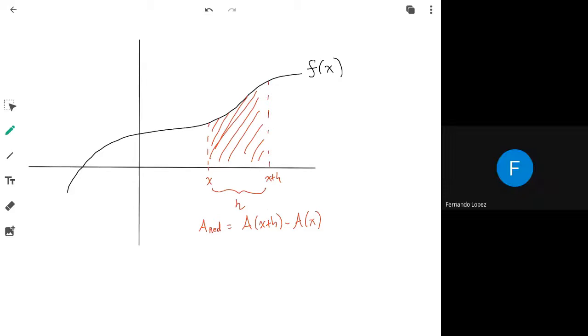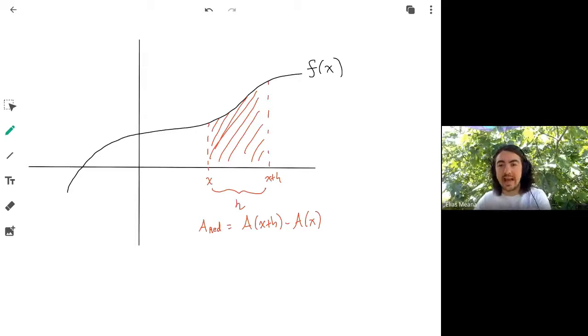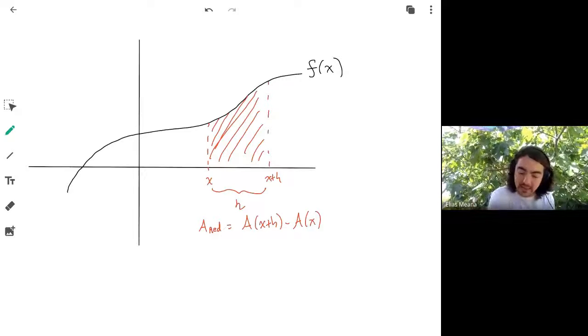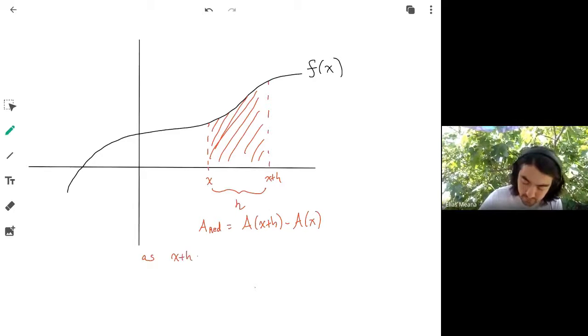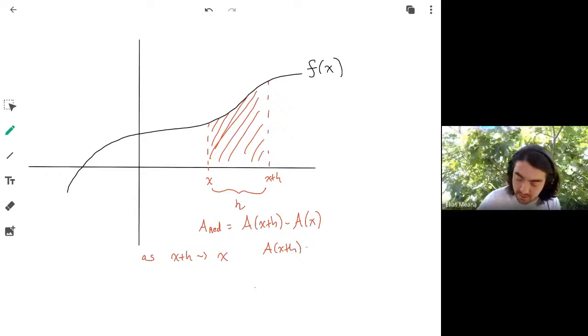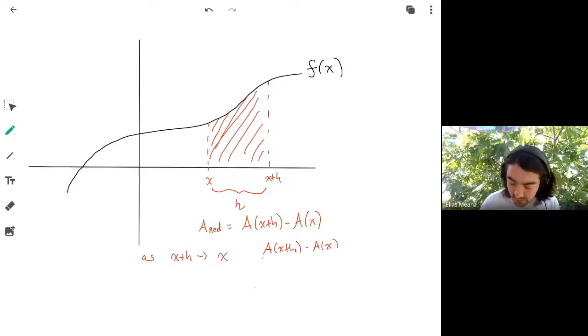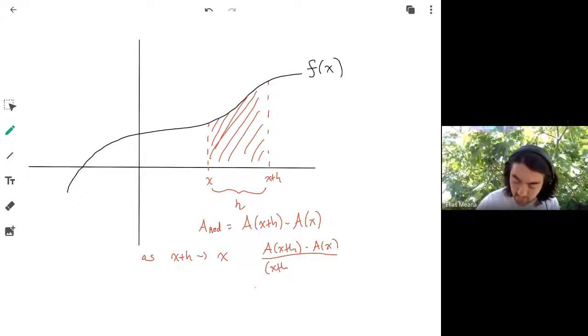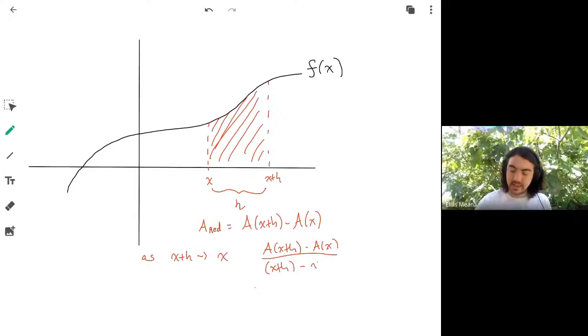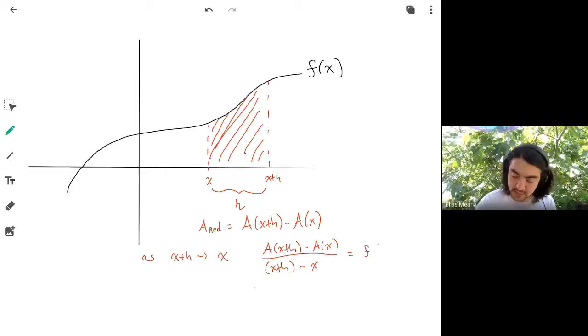Yes. And we also know that as x plus h gets closer to x, then A of x plus h minus A of x, divided by x plus h minus x, needs to get closer and closer to just f of x.